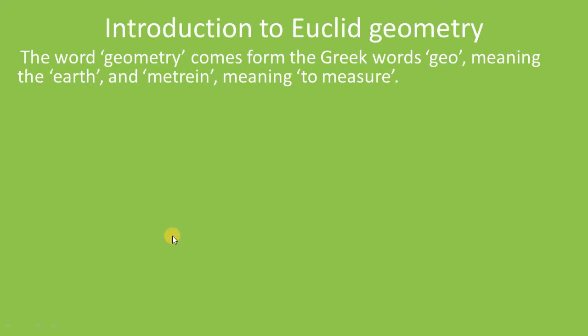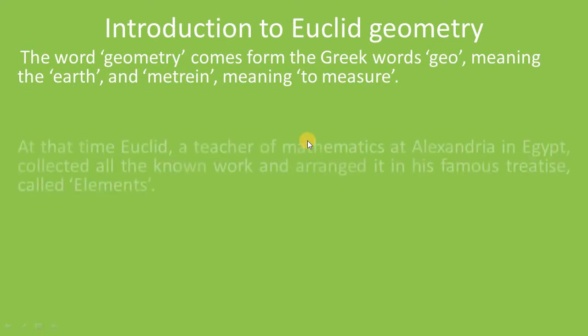So in older days, geometry was split into two parts: geo meaning the earth and metrin meaning to measure. To measure the earth, this word comes.